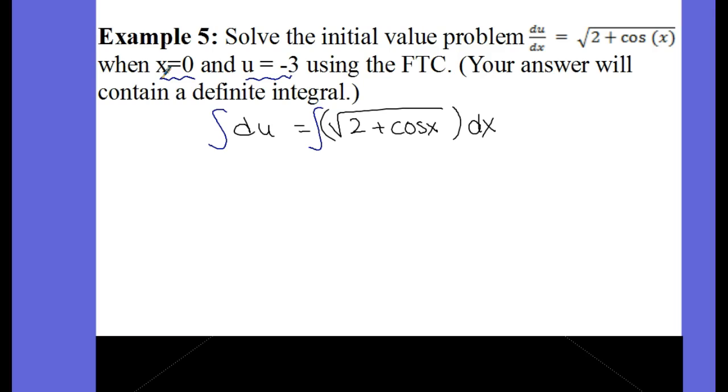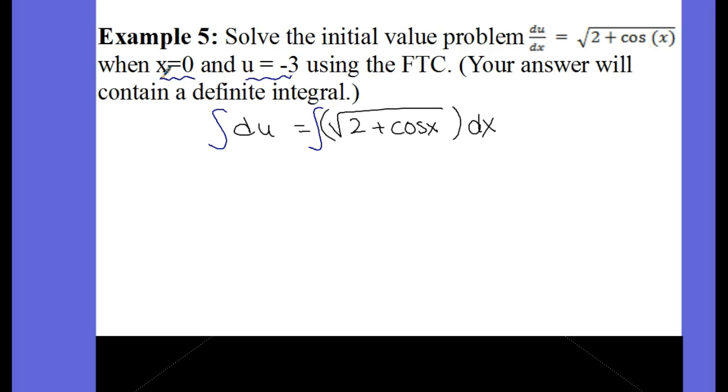If we make u equal 2 plus cosine x, what's du going to be? Negative sine x. Do I have a sign? No. So that's what I'm saying. We have to apply FTC in a way that all we can really do is set up our thing. It says your answer will contain an interval.